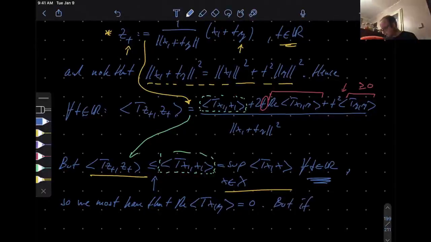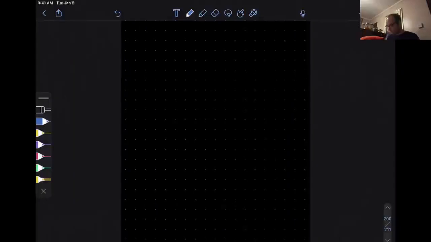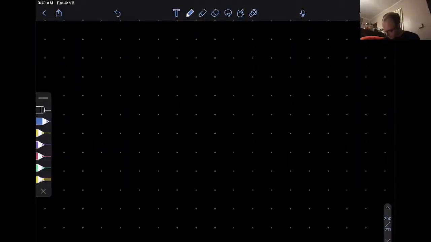But if we go back to the beginning, we chose that vector y orthogonal to x1. Likewise, of course, I can multiply 0 by any scalar and it will still be 0, so I multiply it by the negative imaginary unit.